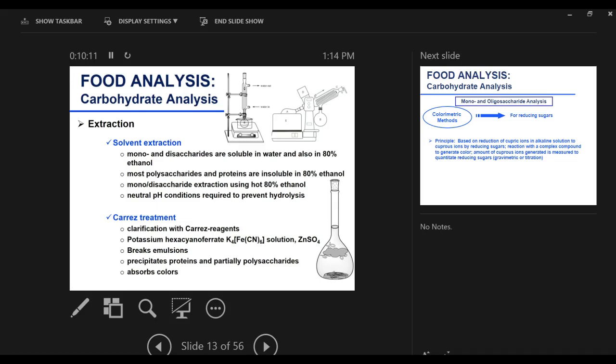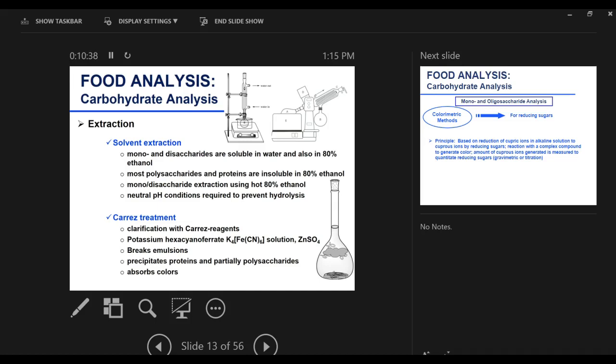In order to do that, there's one way, solvent extraction, to isolate my small sugars from the complex matrix. I can solubilize in 80% ethanol. So it's alcohol solubilization, warm 80% ethanol.